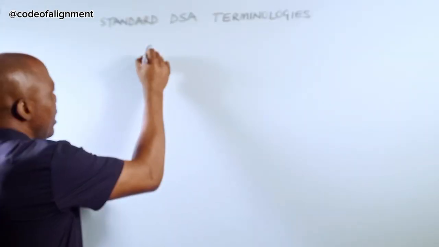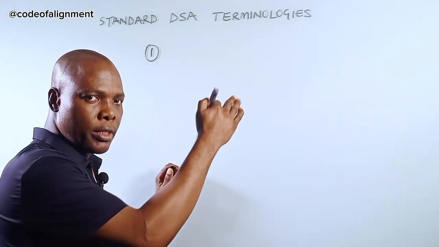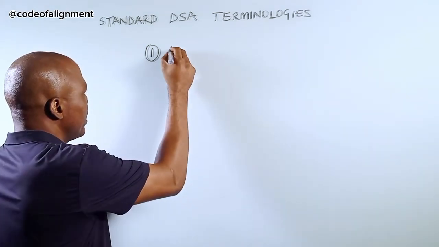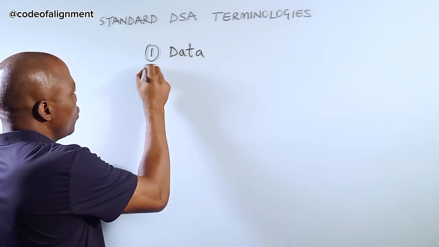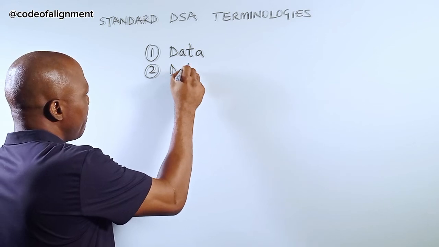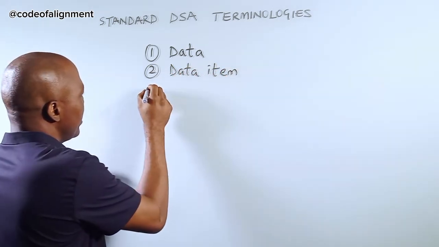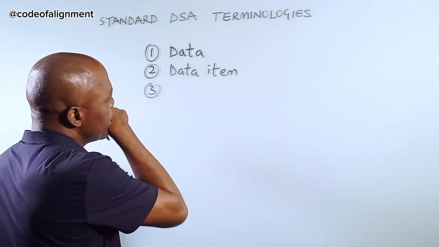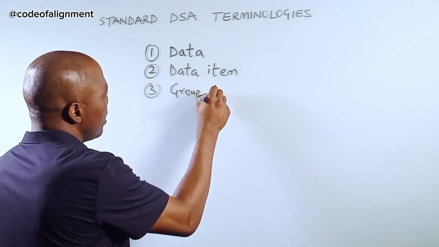The first terminology we will use in this class is data. Then the next one will be data item. Then group items.